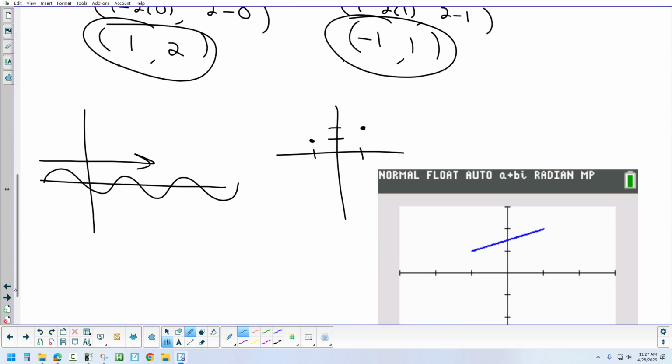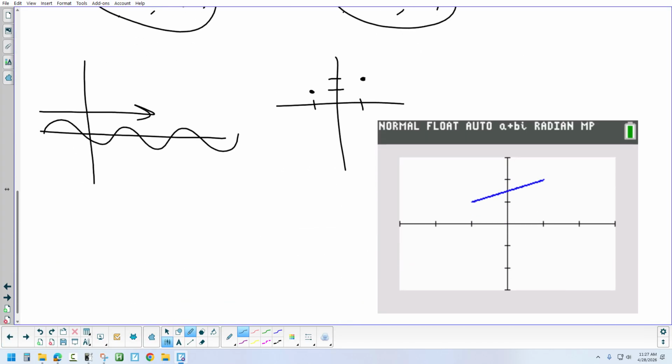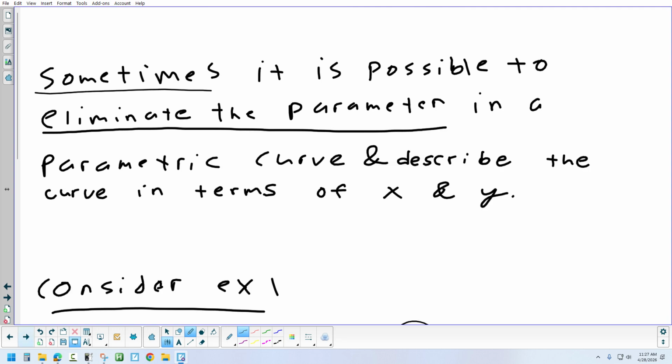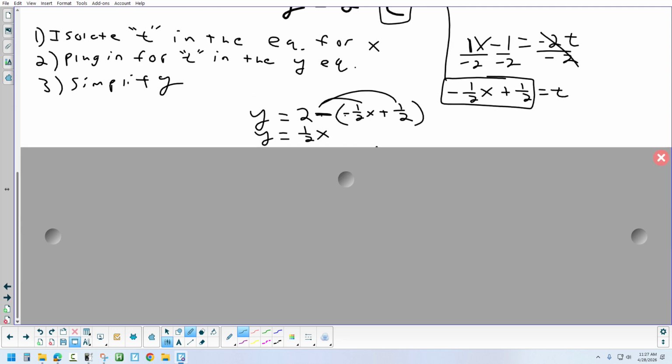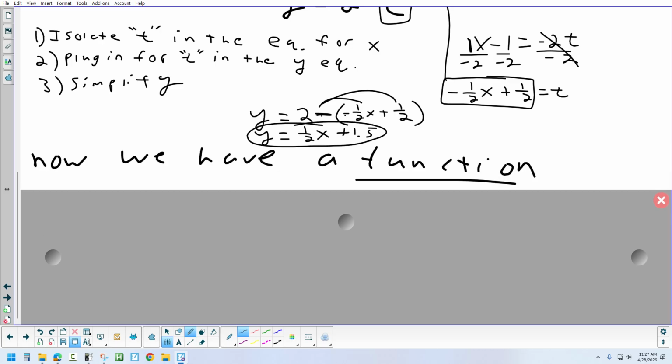And if you remember when I asked you what is the y-intercept, someone said it looks like it's at about 1.5. That's exactly what we just got. So the y-intercept is at 1.5. So if we graph that, that's a function, it should look just like the picture we did.